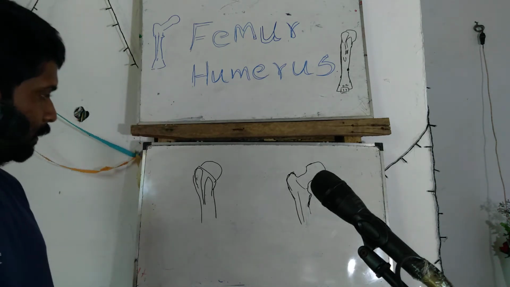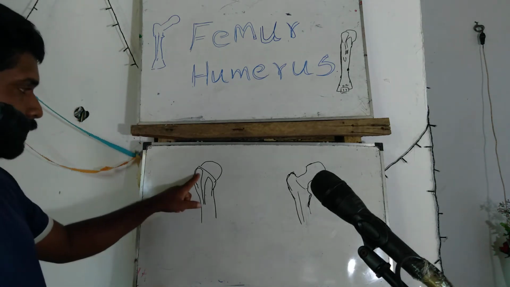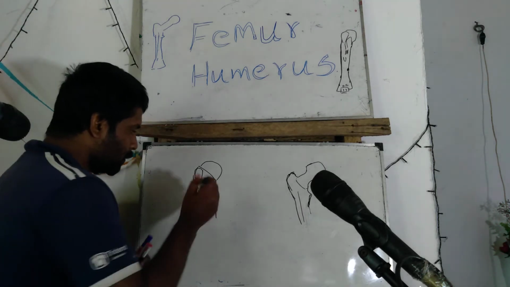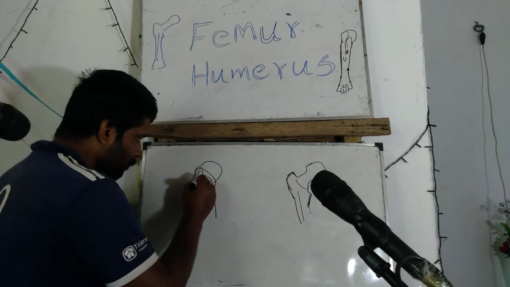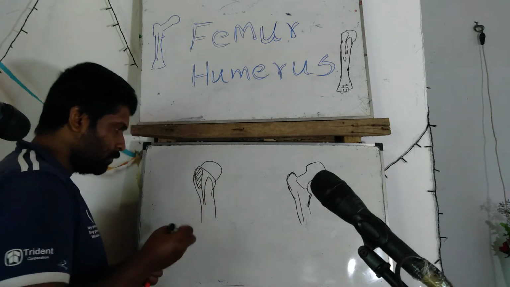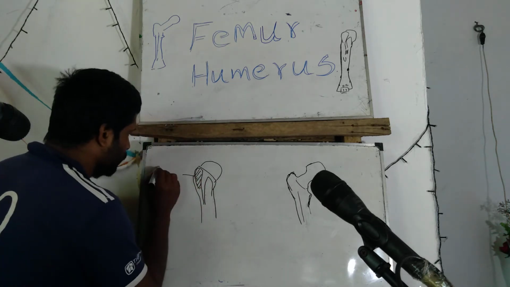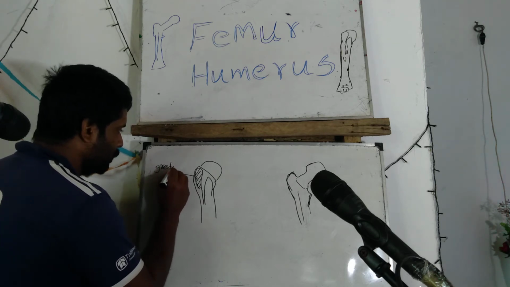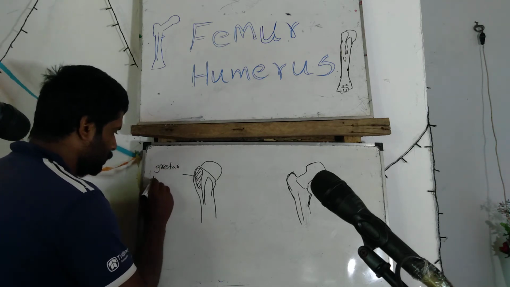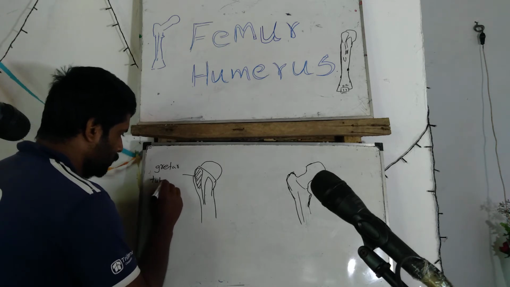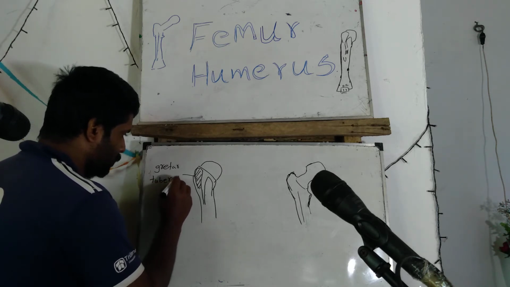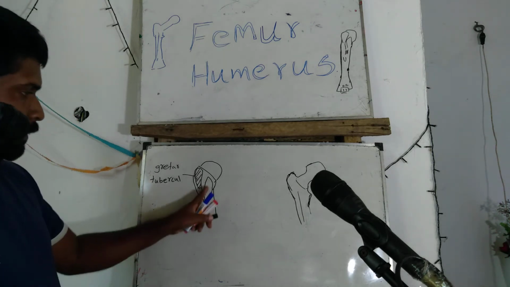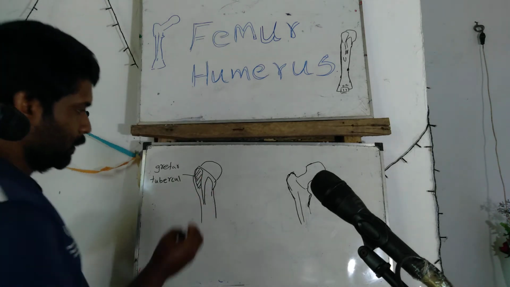Clearly get the idea. This is the greater tubercle. This is the lesser tubercle.